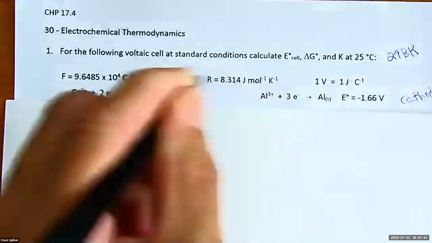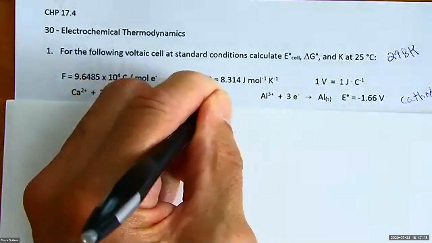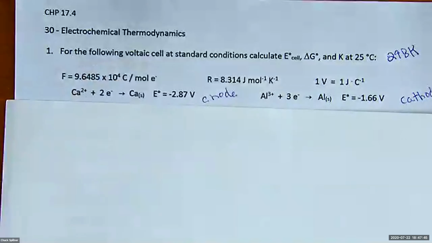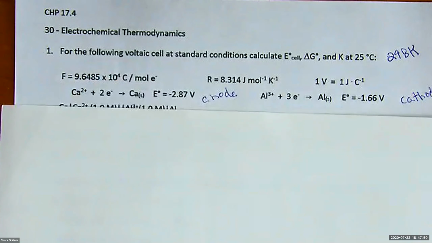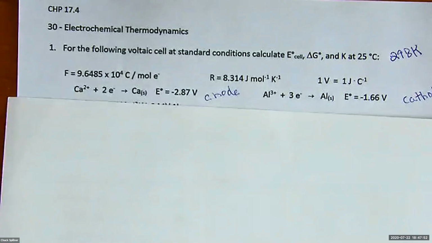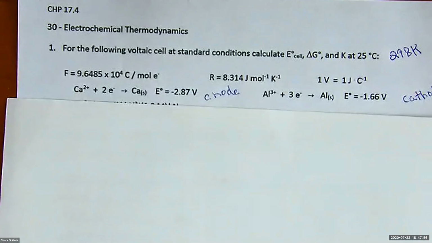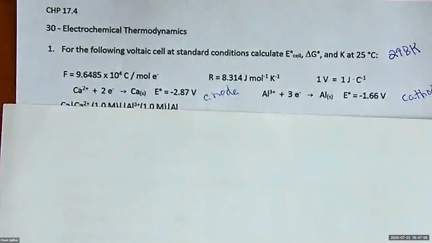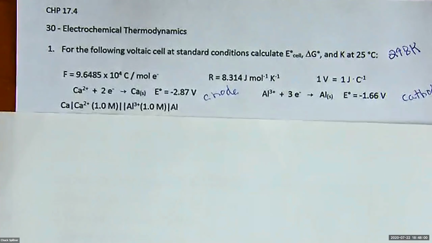Reduction occurs at the cathode, and this is the anode reaction. So whenever you look at cell potential, half cell potentials, you should look at the reduction potentials. Keep that in mind, and think about which reaction is going to occur at the cathode and which one occurs at the anode. So here's the galvanic cell notation for this reaction.